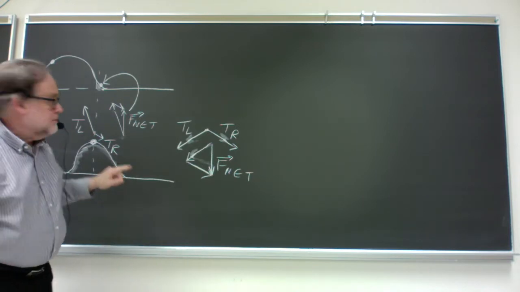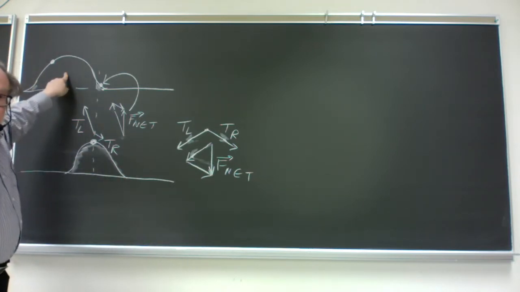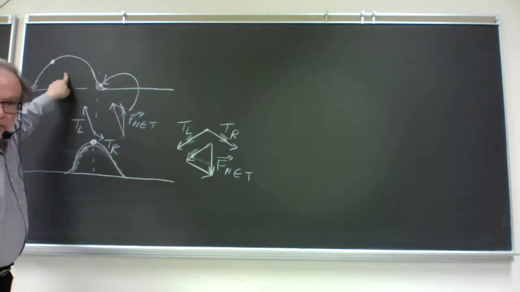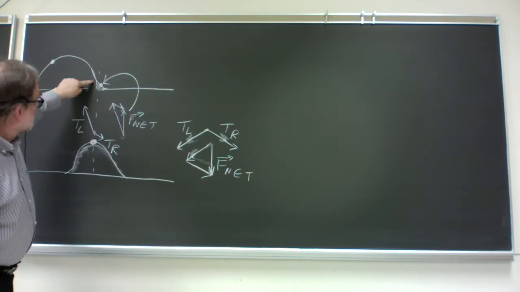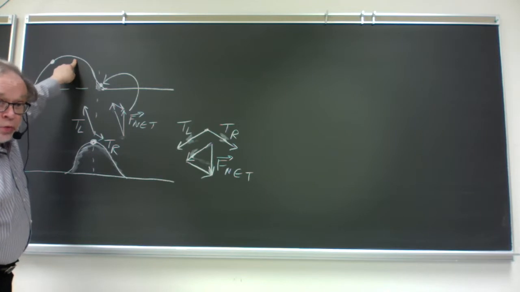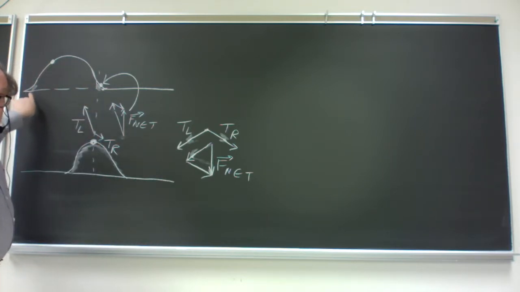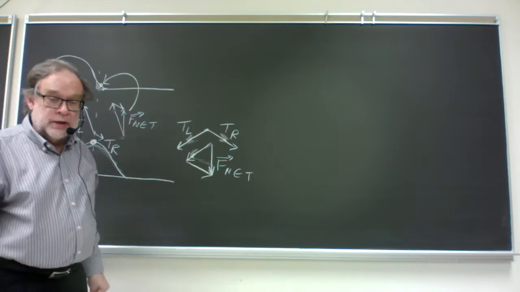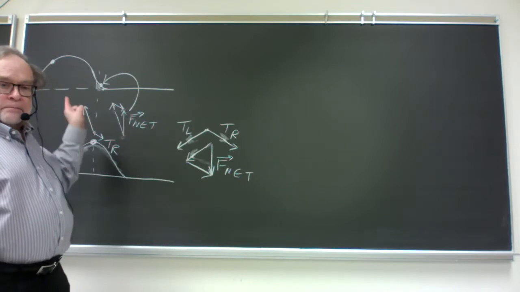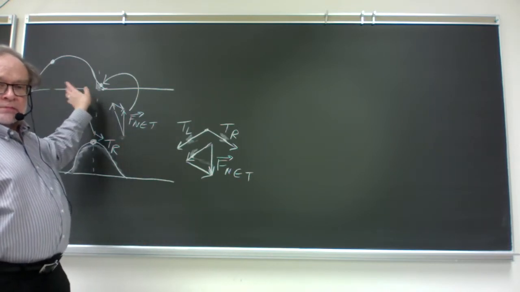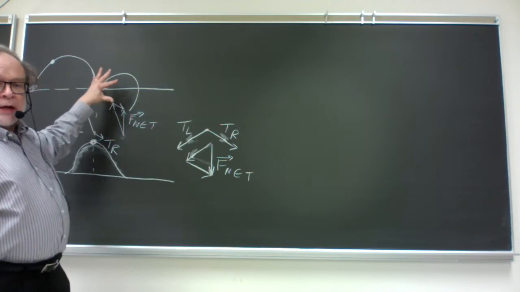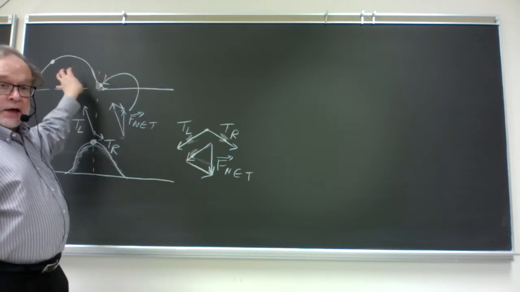That'll produce a pattern like this. Right? This part of the pattern happened when I pulled the string up, and then this part of the pattern happened when I pulled the string down. This pulse shape here doesn't stay there.